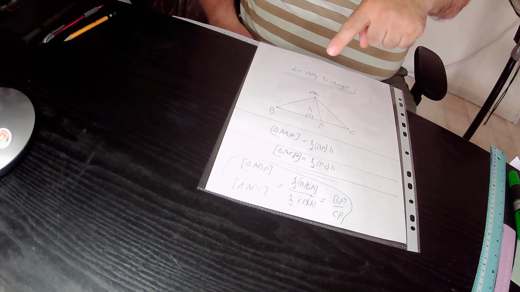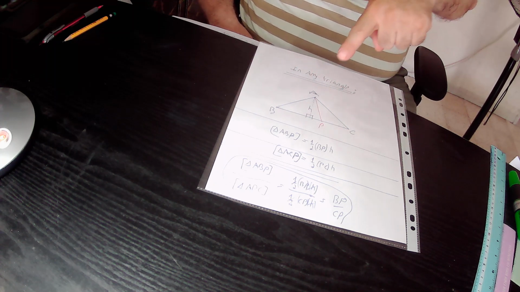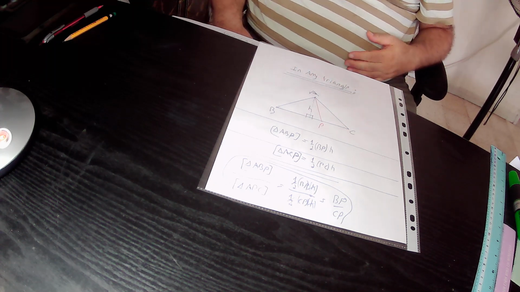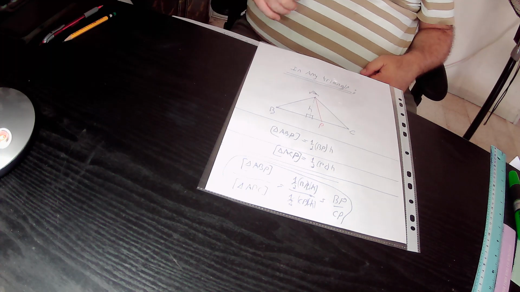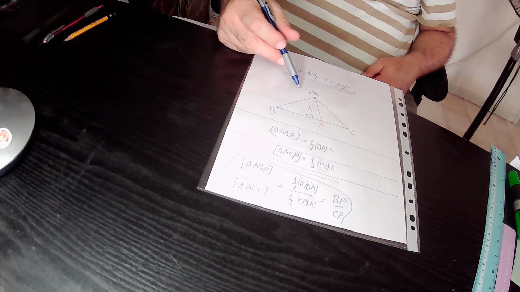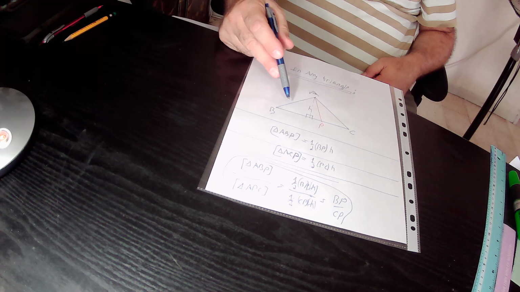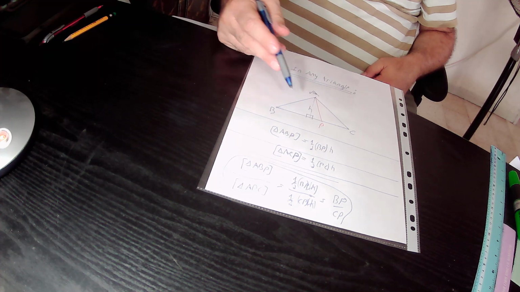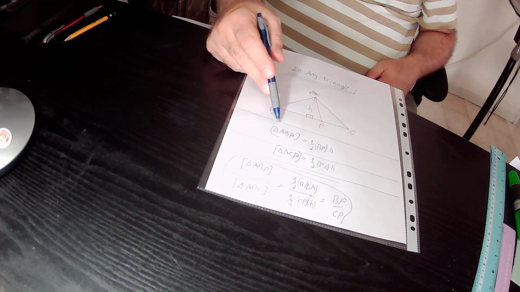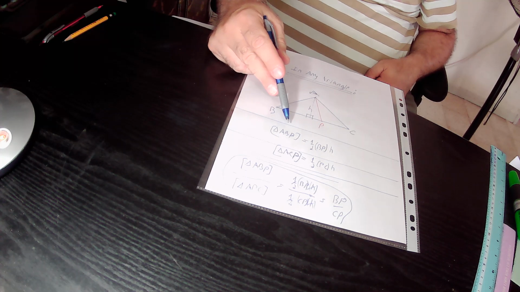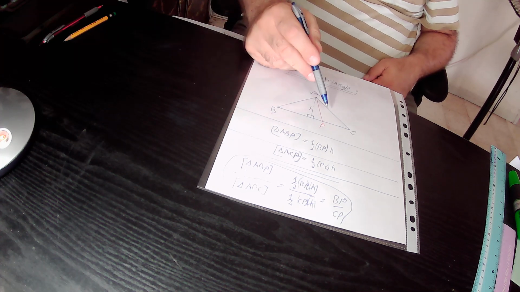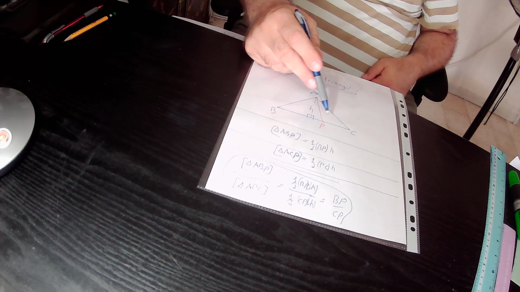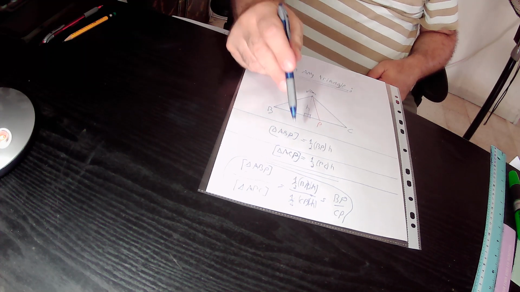The first part is triangle ABP and the second part is triangle APC. The area of triangle ABP is equal to the base BP times the height over 2, while the area of triangle APC is equal to the base PC times the height over 2.